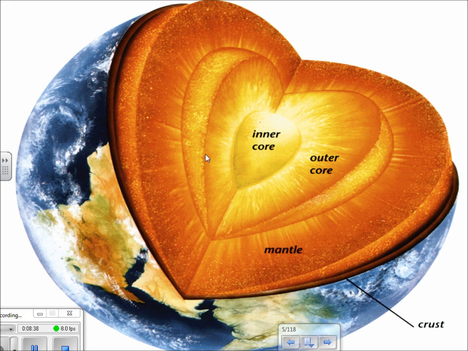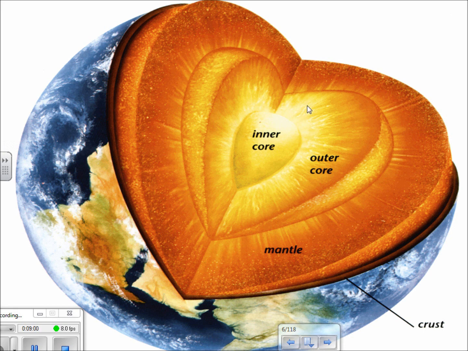So as a result of this cooling and stratification, the lighter material, the less dense material, sort of migrated towards the surface. And since gravity pulls the heavier material towards the center of an object's mass, the heavier, more dense material accumulated at the core of the Earth.